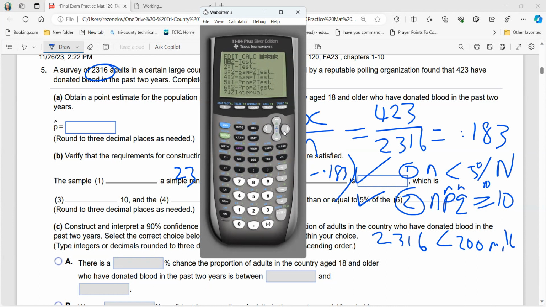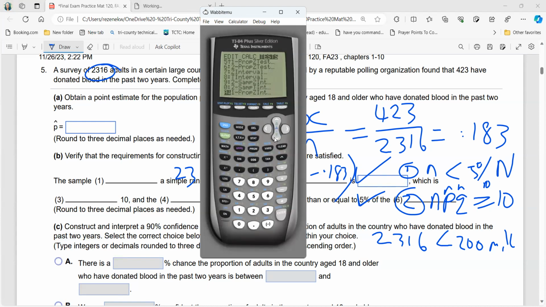The proportion is binomial, and it satisfies the conditions for converting a binomial to normal, the conditions we talked about. Therefore, I can do a one-prop Z interval, not a one-prop Z test.